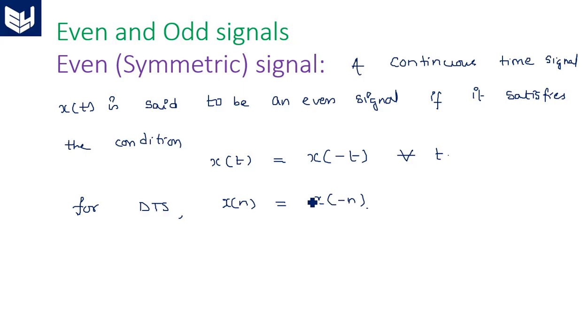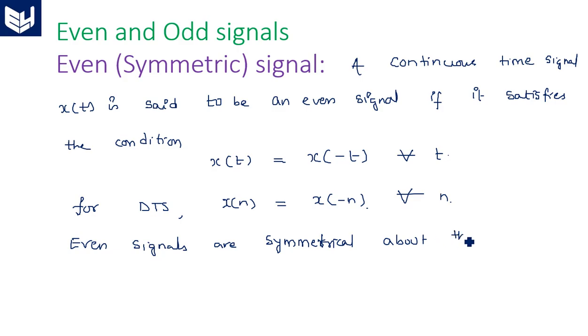X of t must be equal to x of minus t. This is also for all t. Okay, so we can say even signals are symmetrical about the vertical axis.